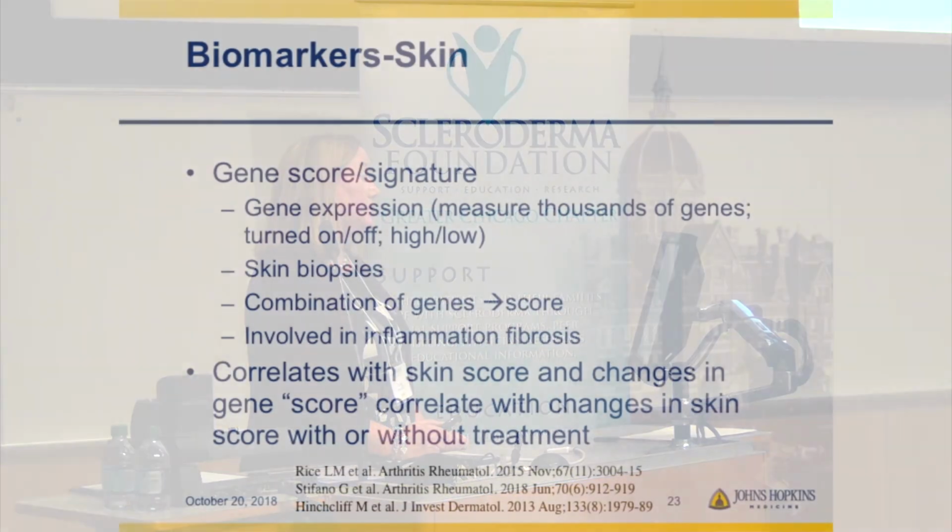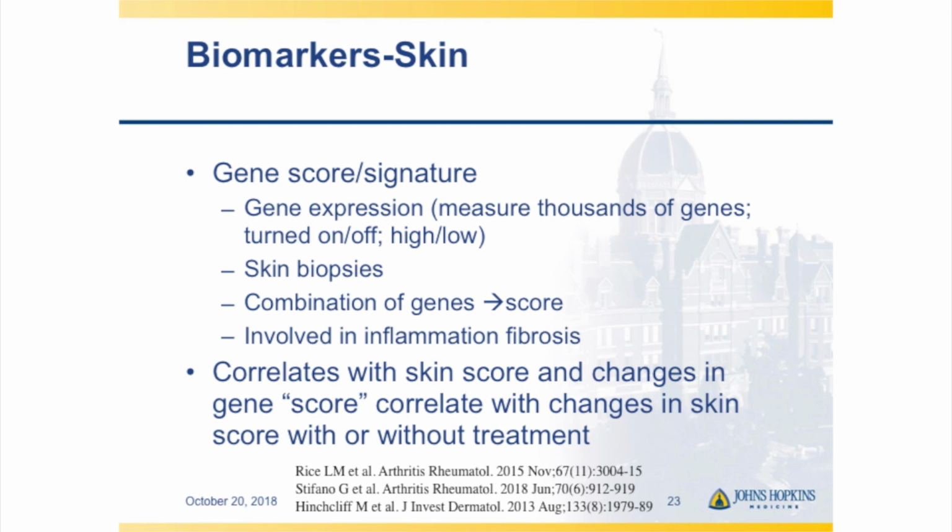You already heard a little bit about some of these gene scores or gene signatures. So this is measuring what's called gene expression. You measure thousands of genes, and are they being turned on or turned off, or expressed at high levels or low levels? And this data is ascertained mainly from skin biopsies. And then if you get these combinations of genes that either discriminate scleroderma from healthy controls, or importantly, genes that are getting turned on or turned off with treatment, that may be one of these intermediate endpoints.